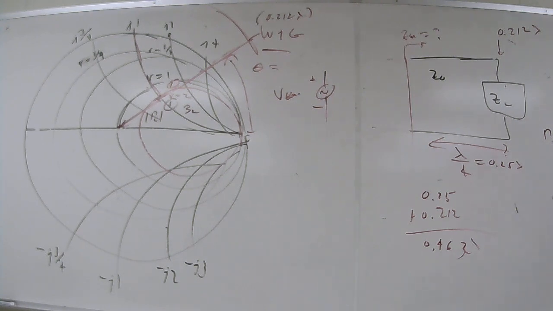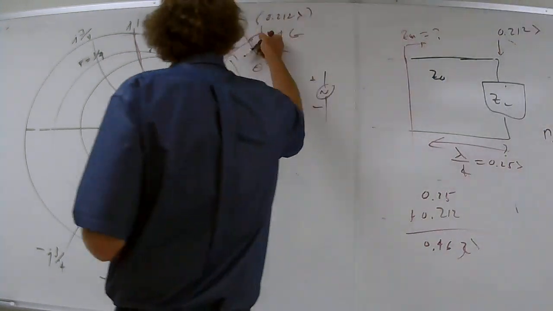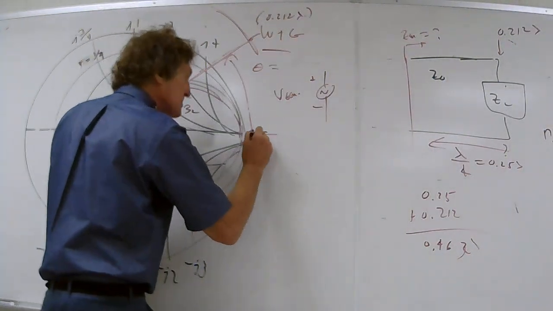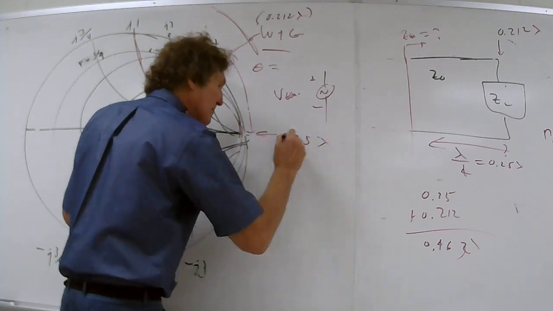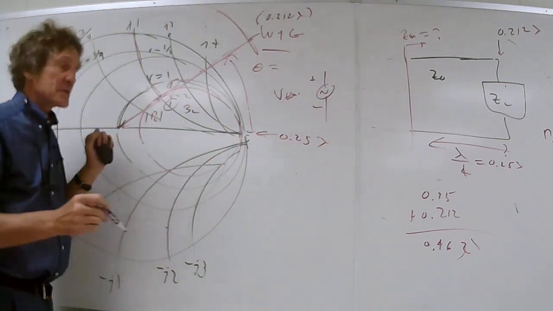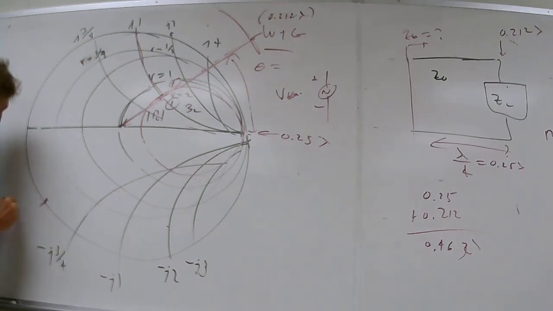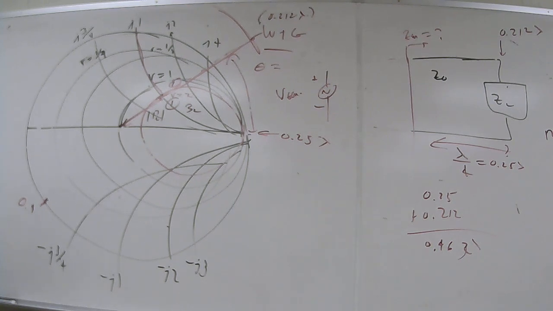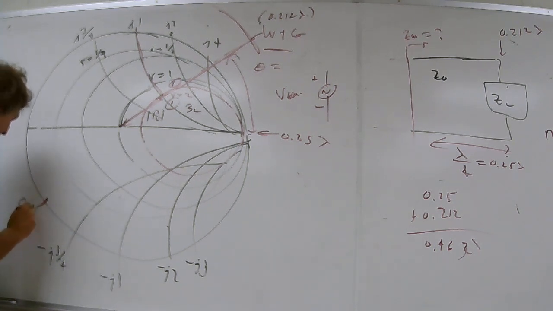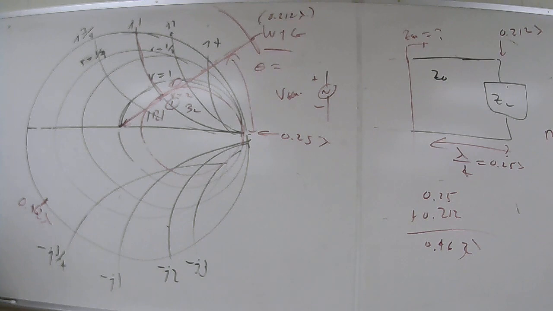Now, that's 0.212, keep going down here. This is 0.25 lambda. Y'all see that? That's a mile marker. Keep going around, and right about here somewhere, you're going to get 0.462 lambda. Can you all see that? Take a good look, roughly.